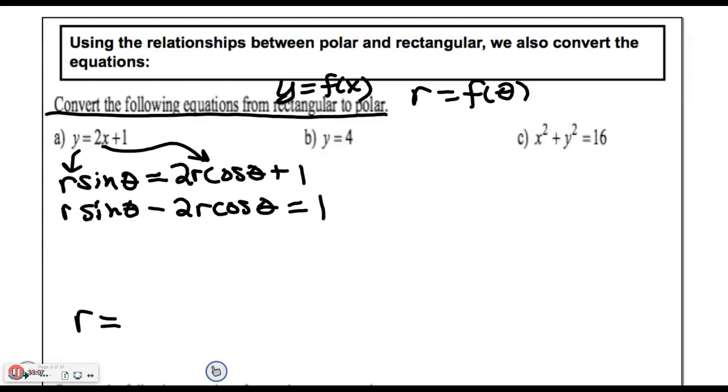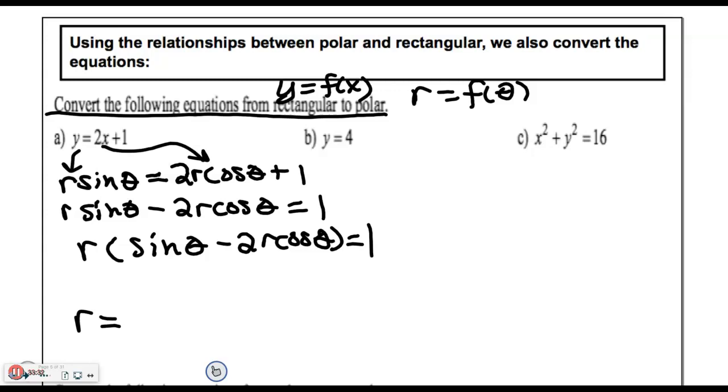Get the variable on one side. How does that help you solve it for r? You've been doing it for years, just not in polar. I can just factor it out. Okay, so that's why I said it's awkward. It's not difficult. And honestly, I can't remove the awkwardness unless we spend a ton of time on it, and I can't do that. So do your best, all right?